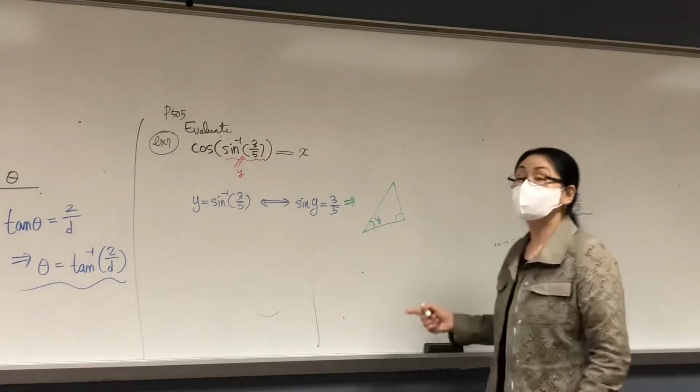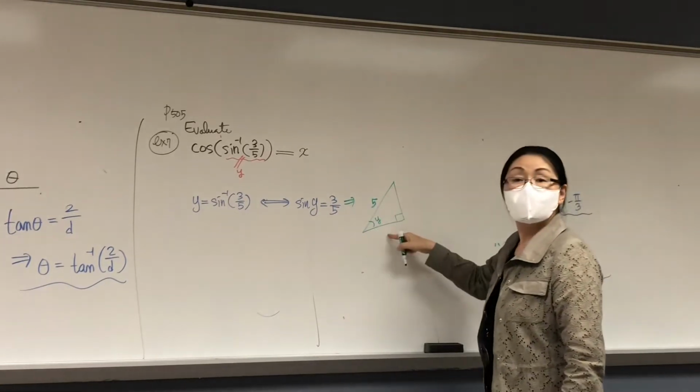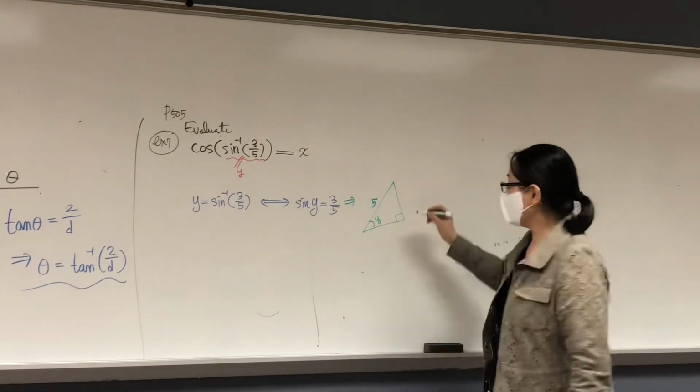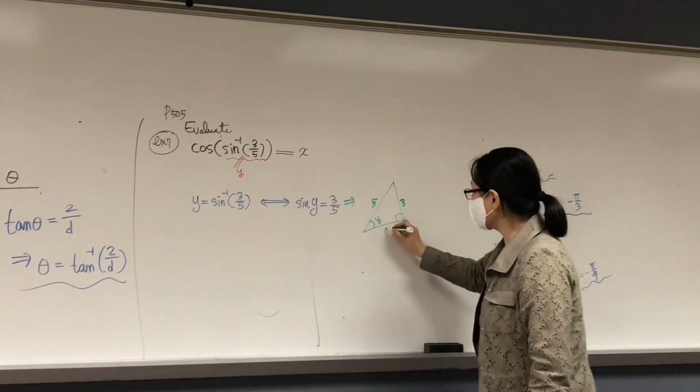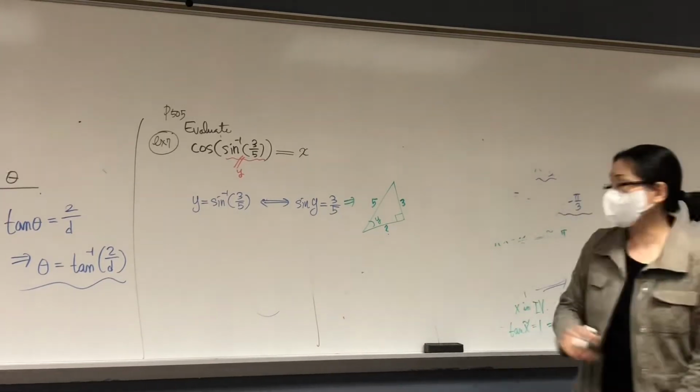Hypotenuse is 5. Sine y is opposite over hypotenuse, so the opposite is 3. How do you find the remaining side? By Pythagorean.